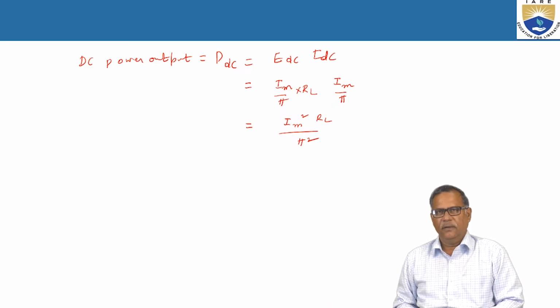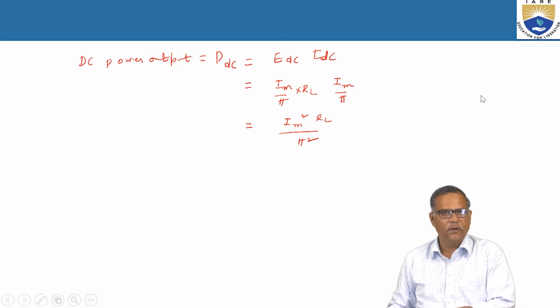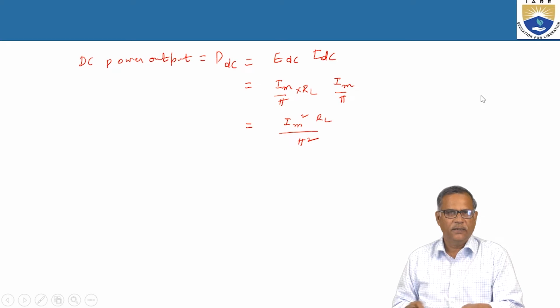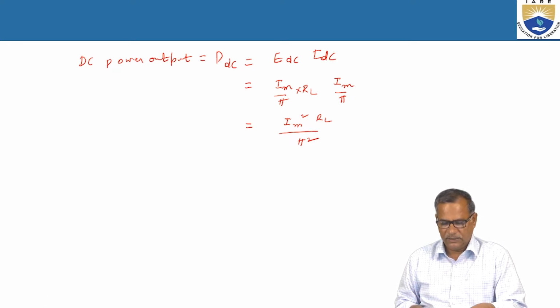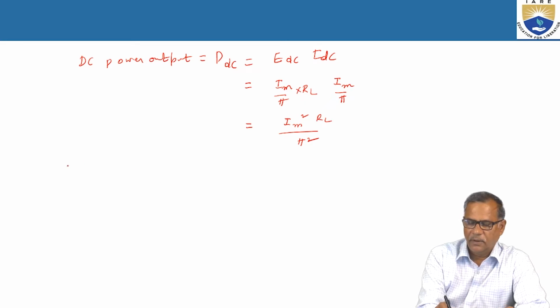And what is the AC power input? We get the AC power input by calculating the RMS value of the voltage and current.